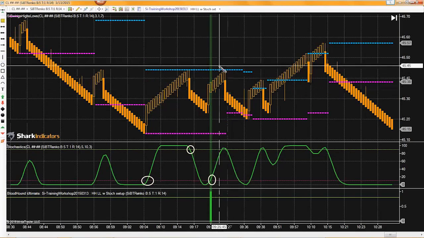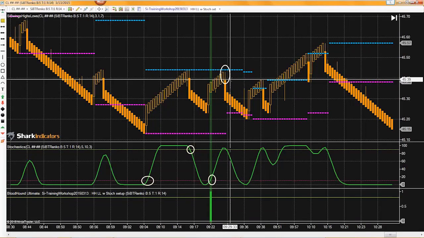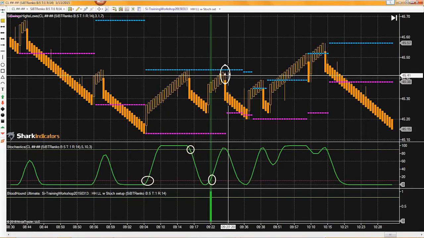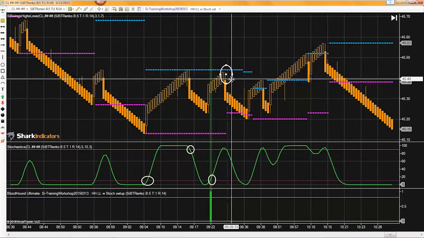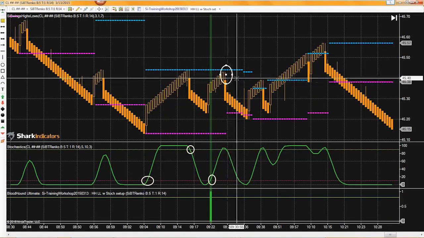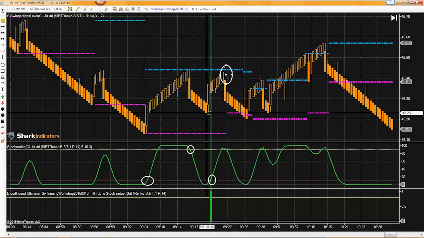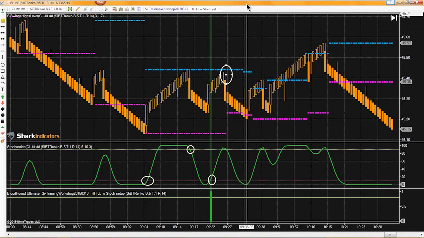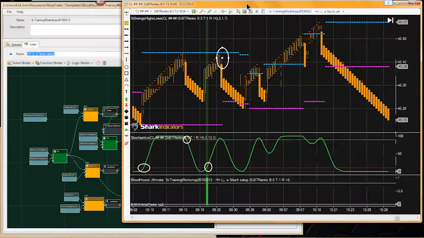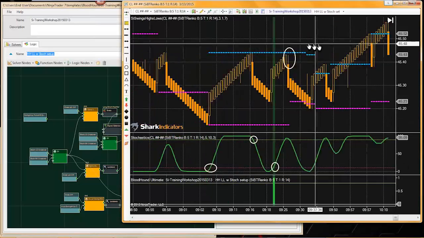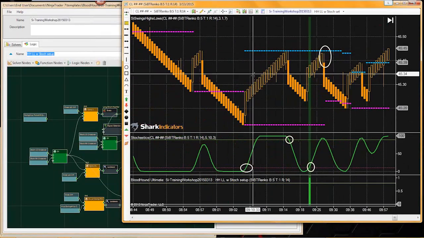Technically, I think that qualifies. That looks like that should be a short trade right there. All right. So let me investigate this one here and see what's going on.